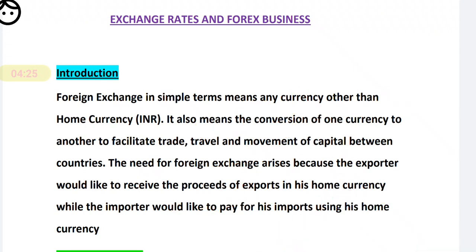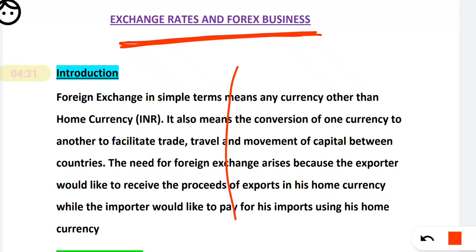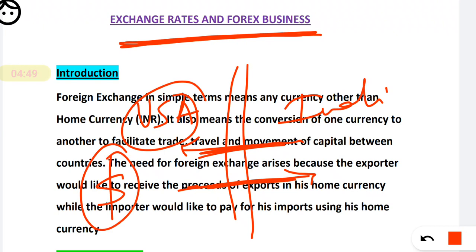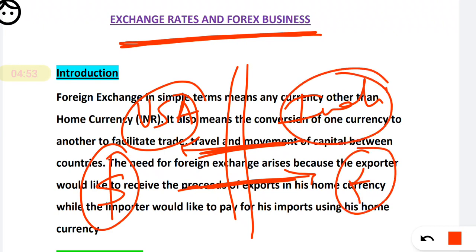So basically, why do we have the exchange rate and forex business? It is mainly due to cross-border activity. Here is say the USA, here is say India. If you import something from the USA, or export something to the USA, in return we have to give their currency. USA people will prefer to receive payment in dollars, and Indian people will prefer to receive payment only in Indian rupees.